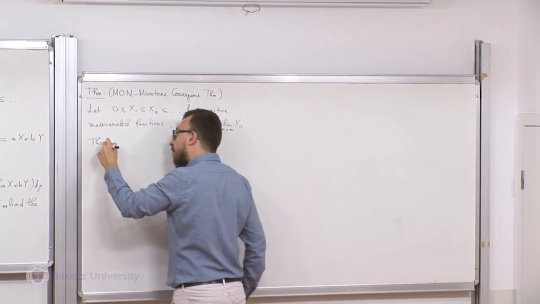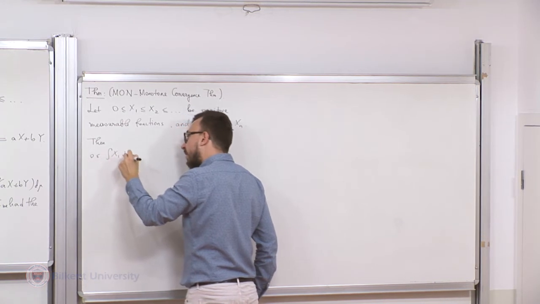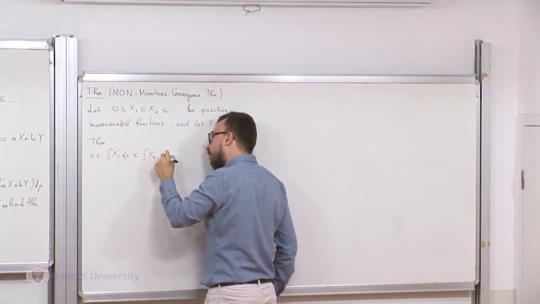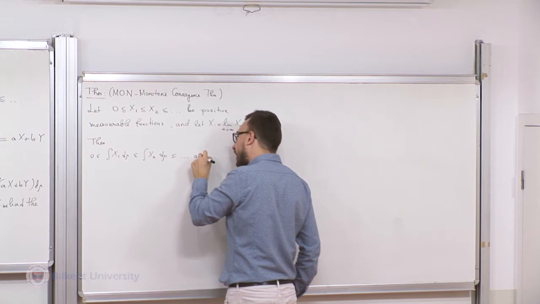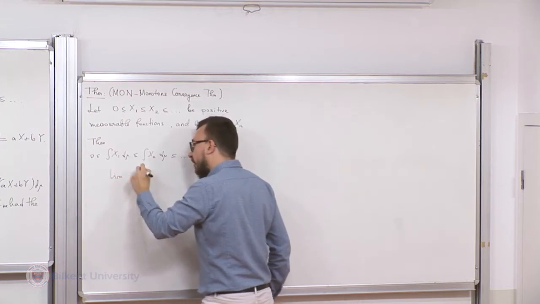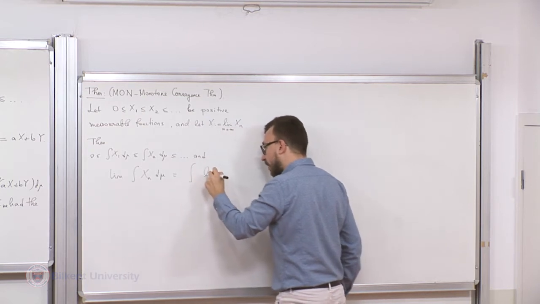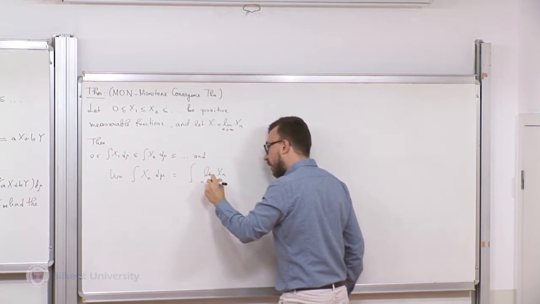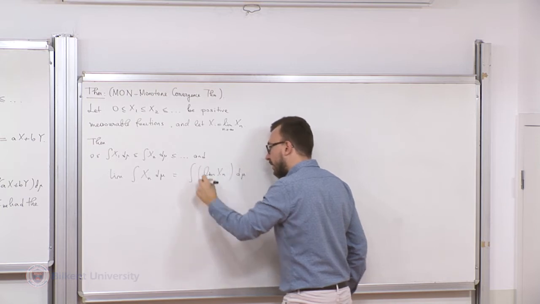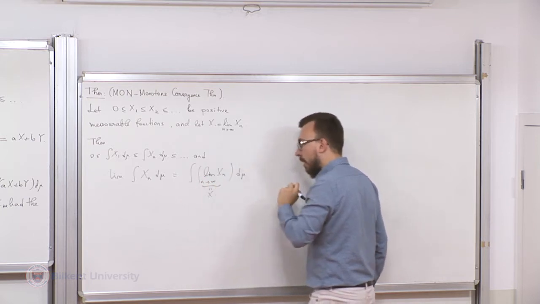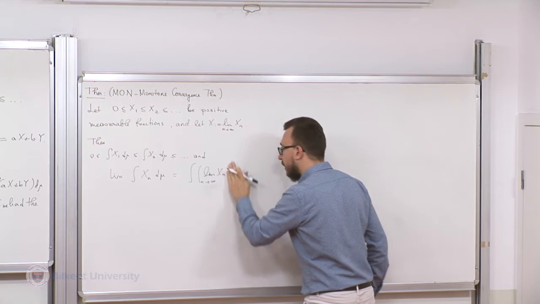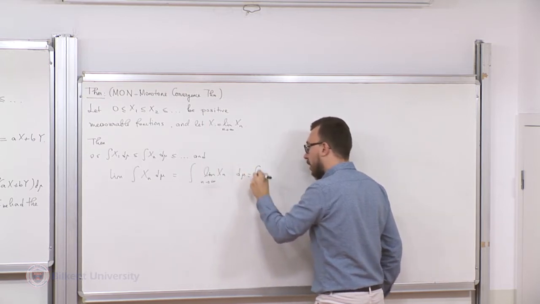Then we have the integral of x1, integral of x2, etc., and the limit of the integrals is the integral of the limit, which is x. Let me write it this way.